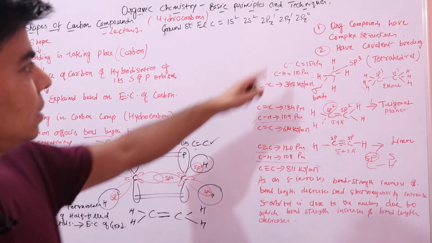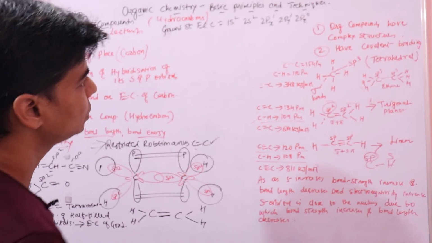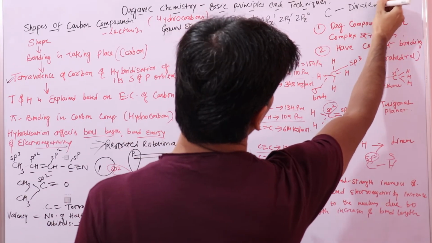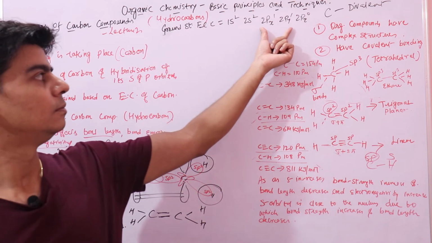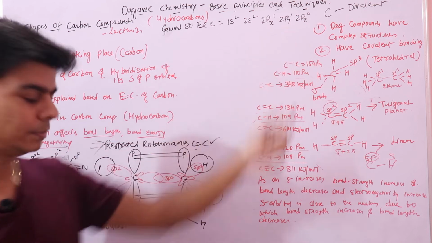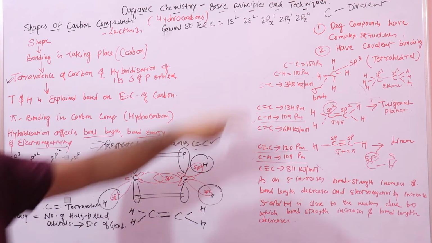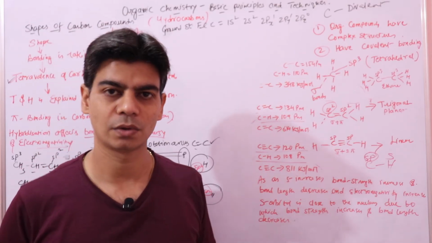So as per this electronic configuration, carbon should be divalent, because it has 2 half-filled orbitals, and valency is equal to the number of half-filled orbitals. So the valency of carbon should be 2 as per its ground state electronic configuration.